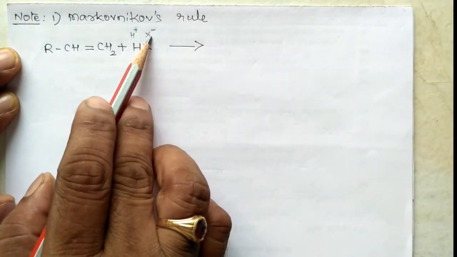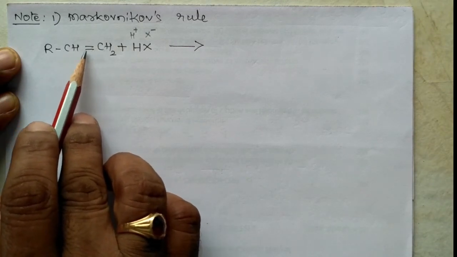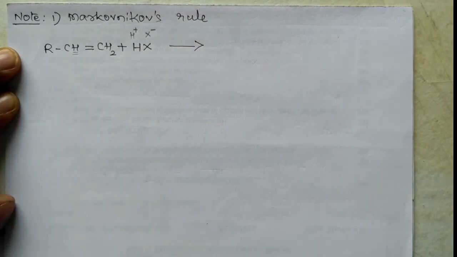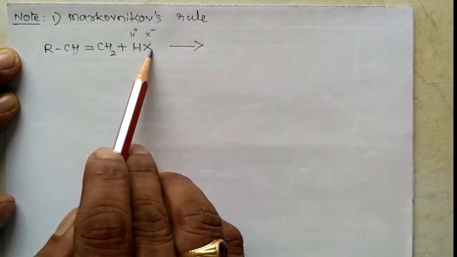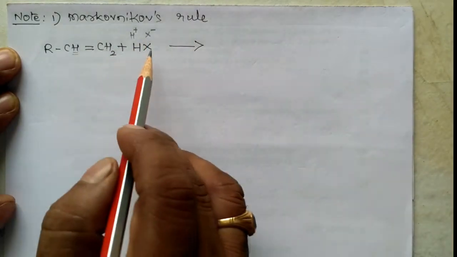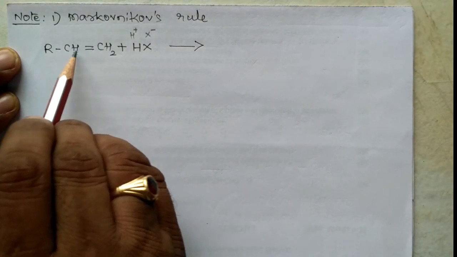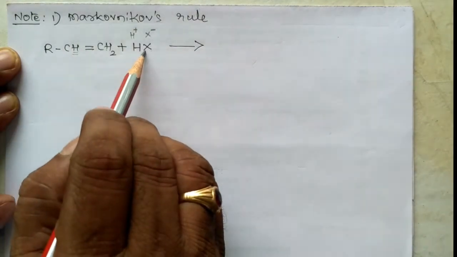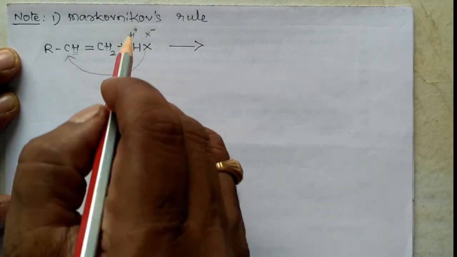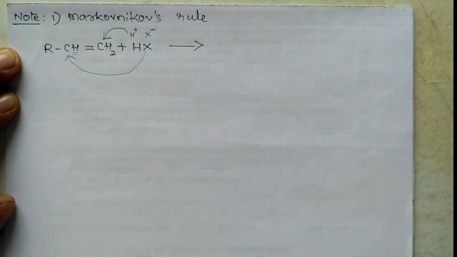An unsymmetrical molecule adds to an unsymmetrical alkene such that the negative part of the adding molecule adds to the carbon atom involved in the double bond containing less number of hydrogen atoms. So addition of X takes place to this carbon atom, addition of H takes place to this carbon atom, according to Markovnikov's rule.